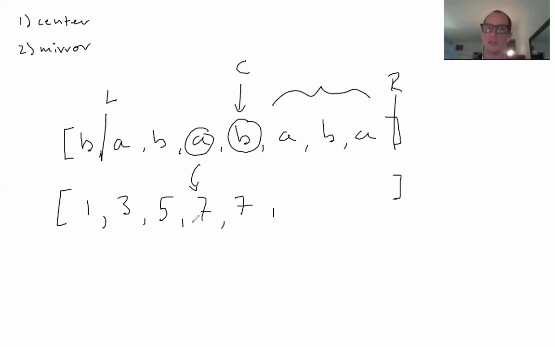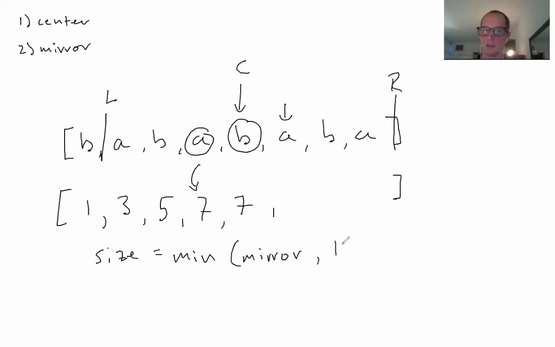Well, what we know is if we're looking across the center at a mirror value, the size of the current item, A, that we're looking at is equal to the minimum of its mirror and the right boundary minus its current position, right? So the distance between itself and the right boundary.